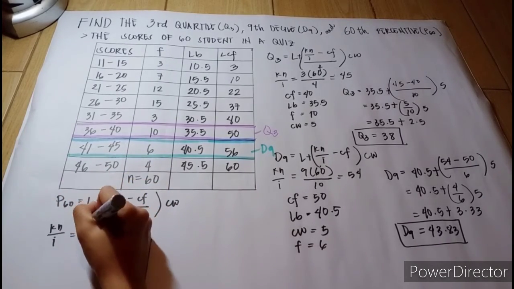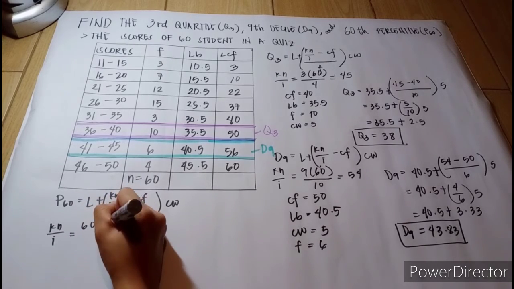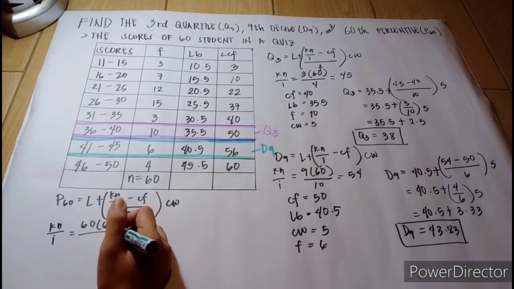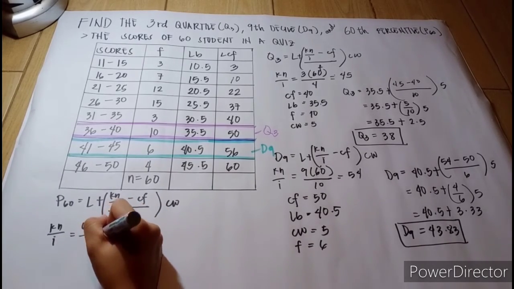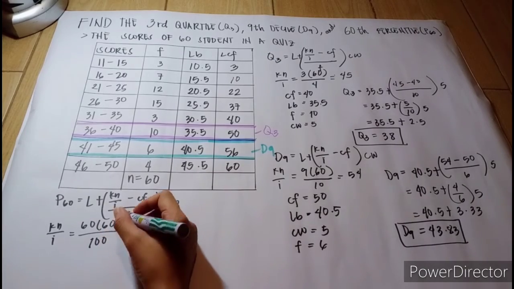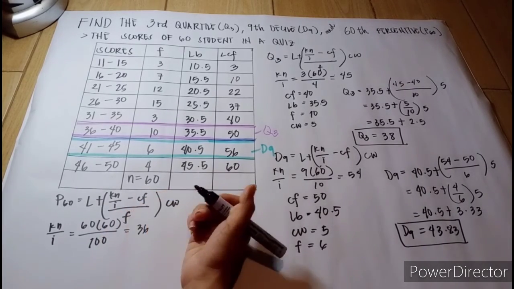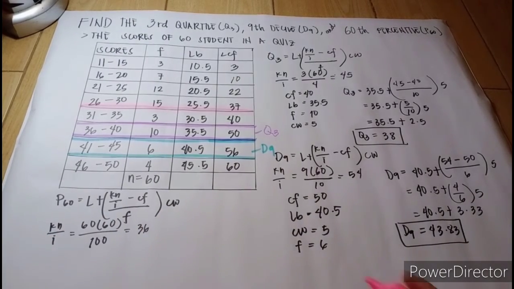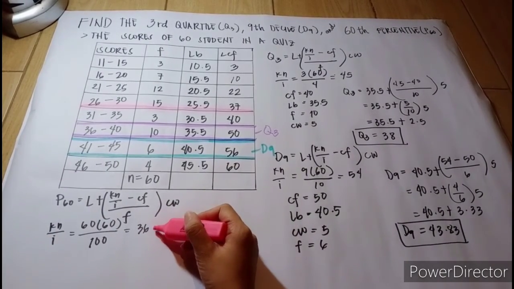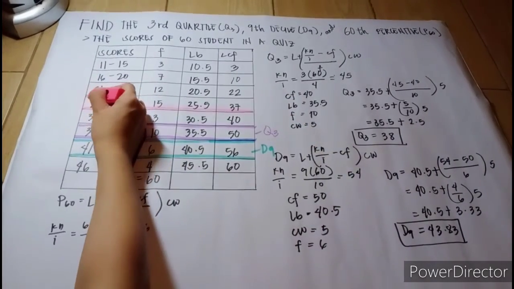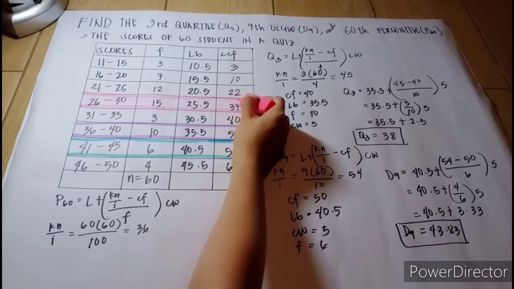So our k is 60, 60 times 60 divided by 100, that is 36. So 36 is in between 22 and 37. So this is the class that we need.